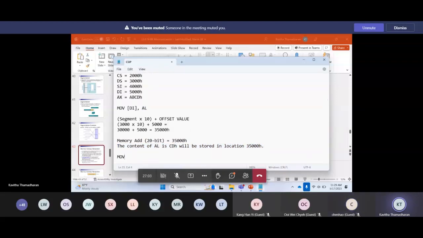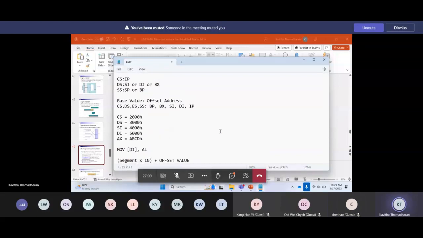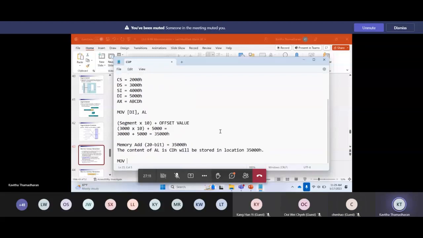Now let's say I give you a question related to SP plus H. Then I say move the value of AX.